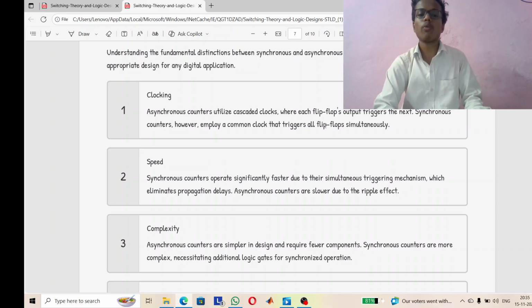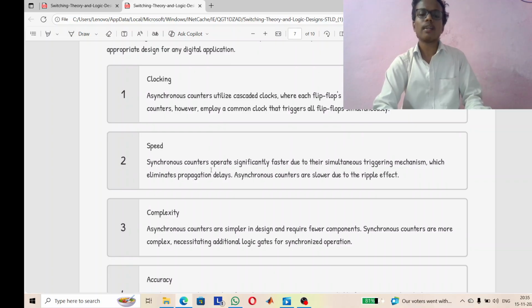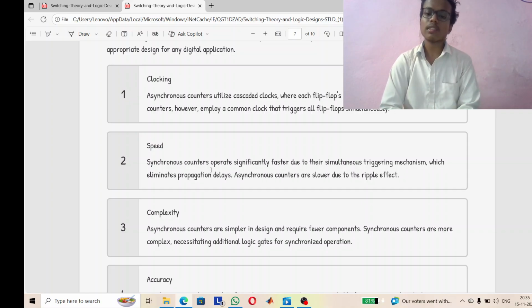Synchronous counters, however, employ a common clock that triggers all flip-flops simultaneously. Next, speed. Synchronous counters operate significantly faster due to their simultaneous triggering mechanism, which eliminates propagation delays. Asynchronous counters are slower due to the ripple effect.